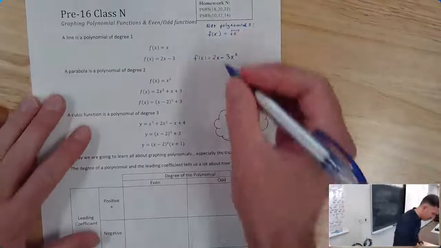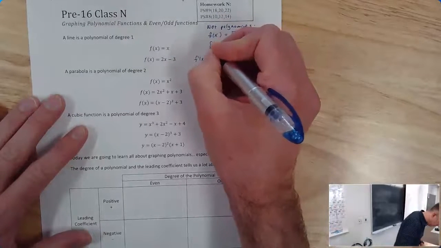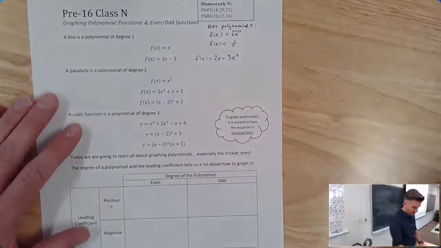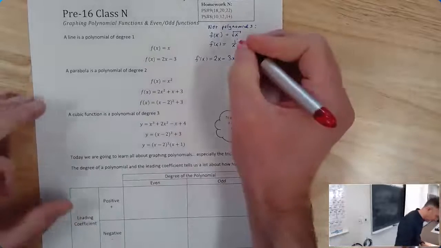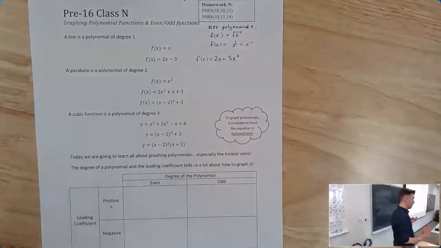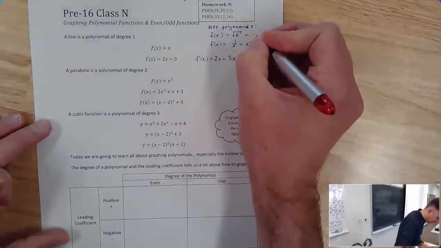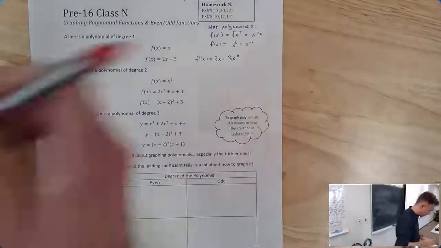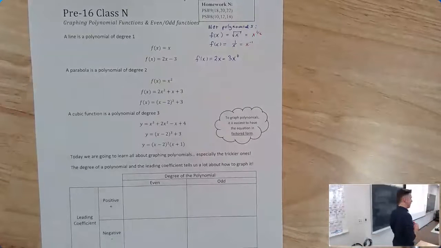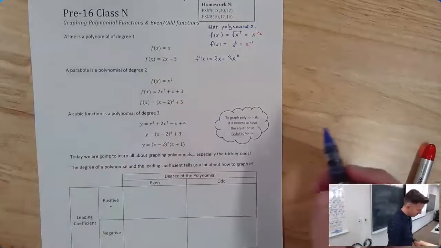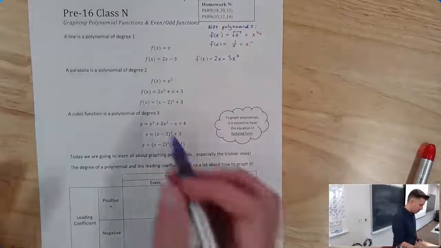Another example we have briefly talked about is 1 over x, which can be rewritten as x to the -1. That is an integer, but it's a negative integer, so that's not a polynomial either. Any of these things that have powers of x that are not integers or not non-negative are not polynomials. Okay. So all these things here are polynomials, and we have a few things to talk about.